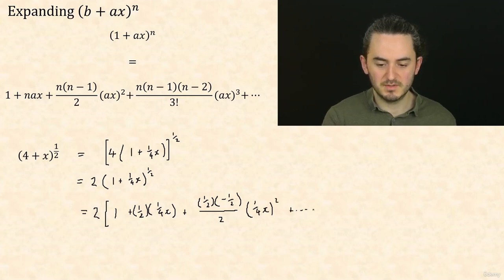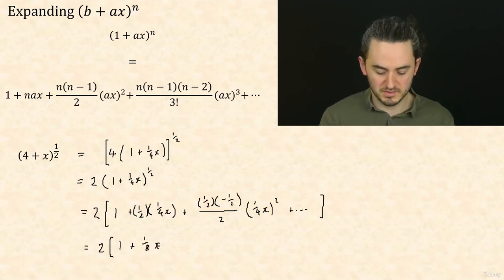In this question, we haven't specified how many, but I'm going to do the first 3 terms. Obviously, we could keep going if we wanted. So that gives me 2, and I'm just going to tidy this up now. So that's 1, and then a half times a quarter is 1/8, so that's 1/8 x.